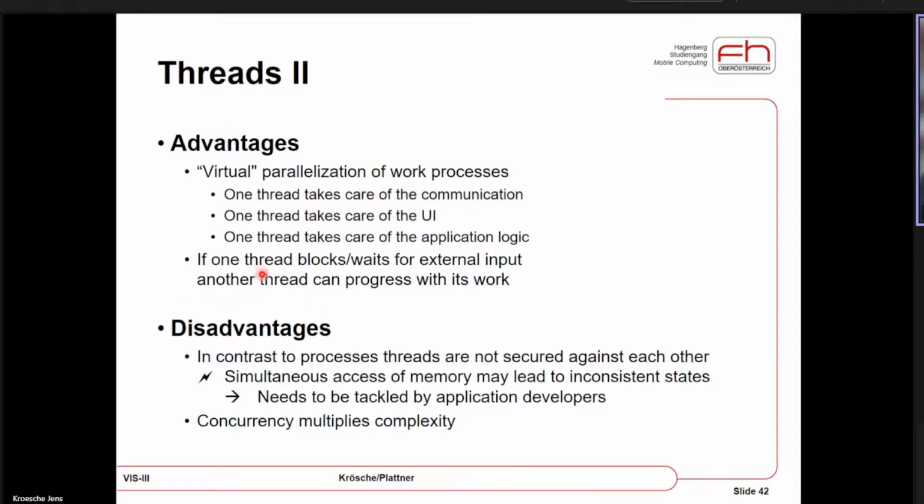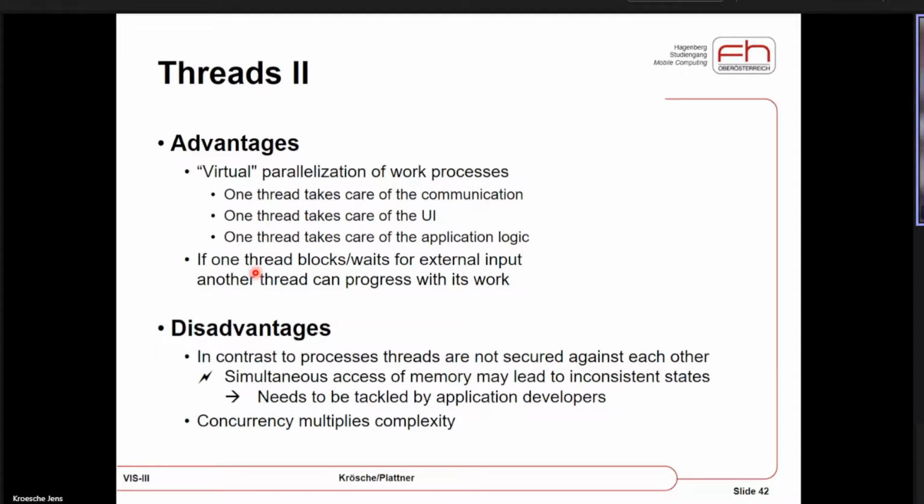So these are the advantages. We can integrate virtual or real parallelism. So we can build an application that supports communication with a distant server, with a blocking receive method, without slowing down the user interface, and everything is still working.